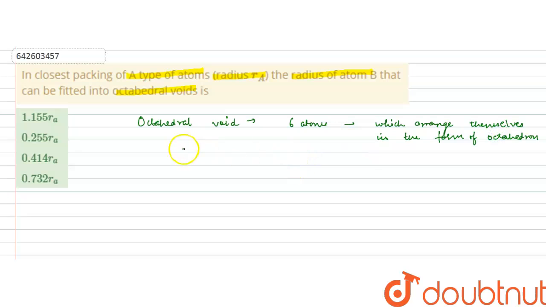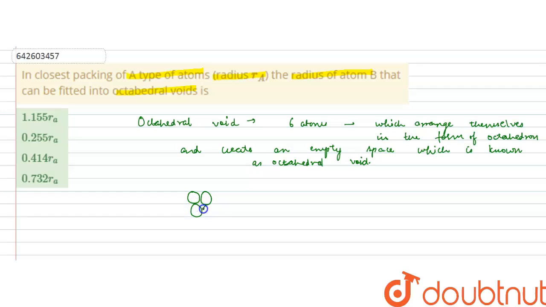and create an empty space which is known as octahedral void. So we will draw it. So the 6 atoms would arrange themselves as, now 2 atoms are present, one atom is present above it and other is on the below side.